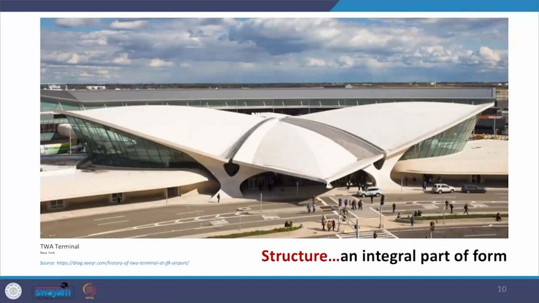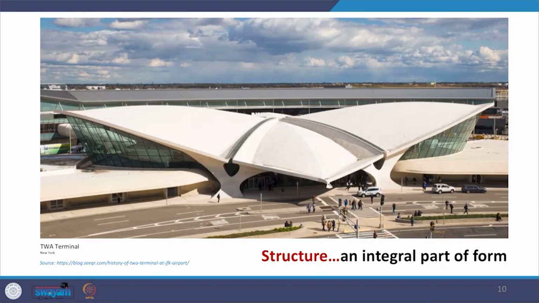It is not so regular as what we often see in our regular buildings. So, this is another example where the form is predominant over the structure, but again to make it happen, to get this feeling that we can resemble this with the bird nest, that has to be supported with the right type of structure.